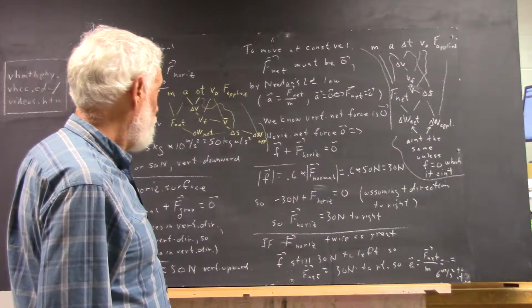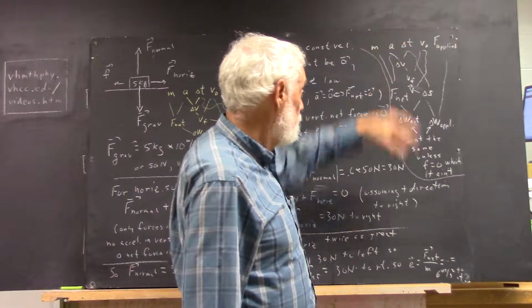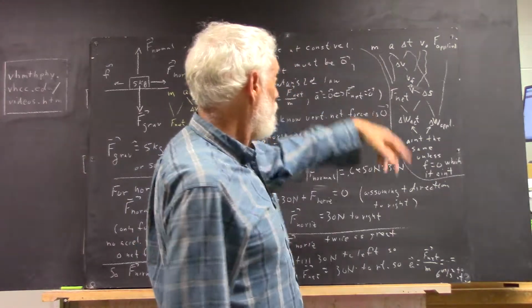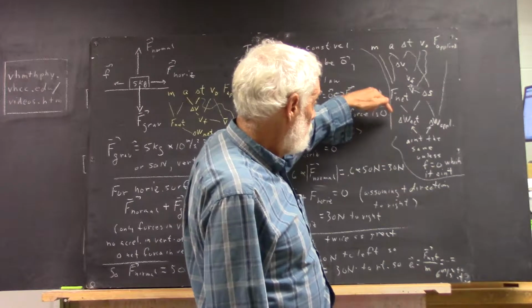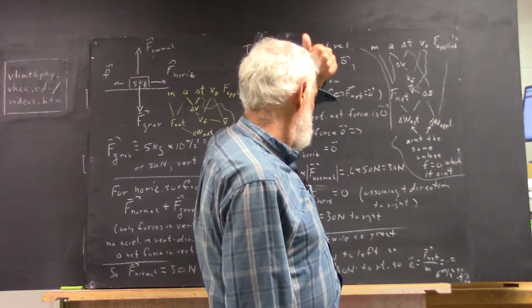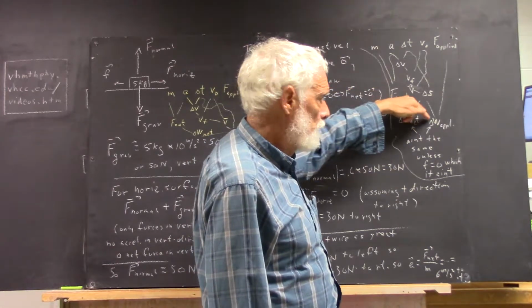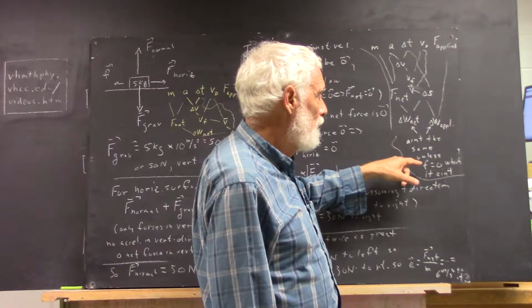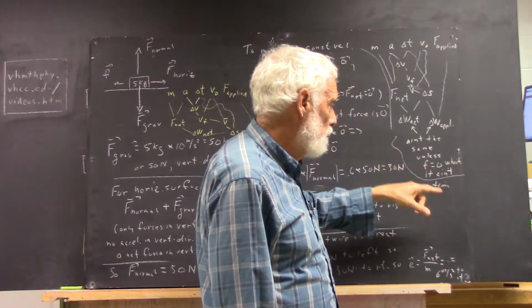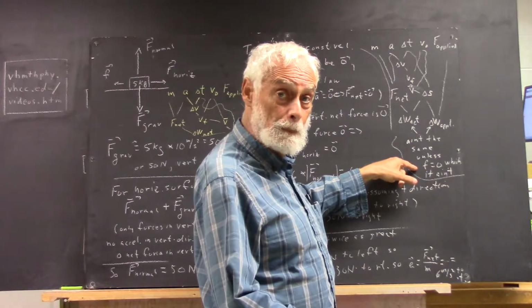And I will say that I drew another diagram over here, pretty much with everything in the same order. You get your work done by the net force, your work done by the applied force, and I say they aren't the same unless little f is 0, little f being the friction.